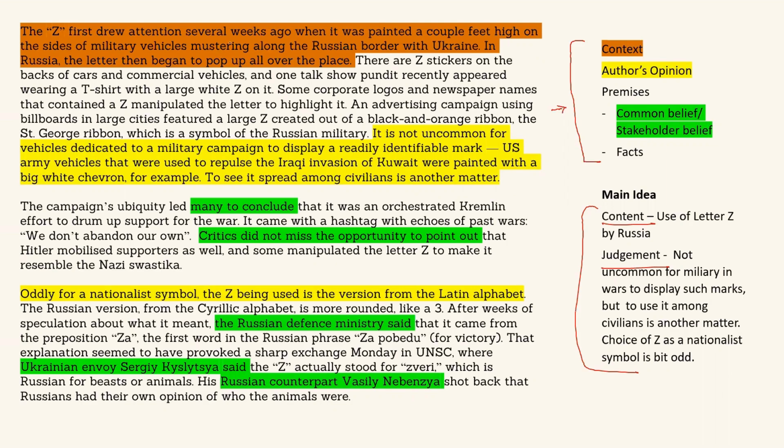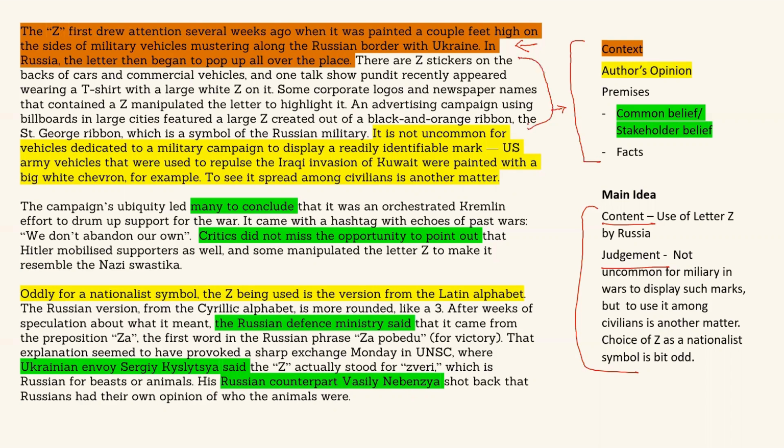The Z first drew attention several weeks ago when it was painted a couple of feet high on the side of military vehicles mustering along the Russian border with Ukraine. In Russia, the letter then began to pop up all over the place. Is it a statement which has the author's opinion? It's a factual statement, so this definitely is not the author's opinion. It is giving me the context, and the context is that the letter began to pop up all over the place.